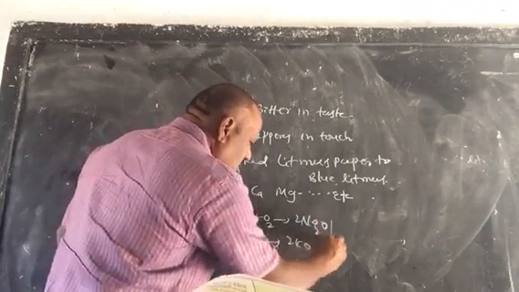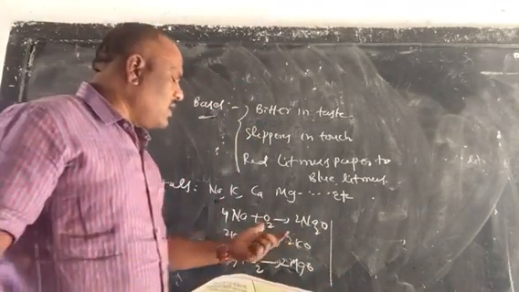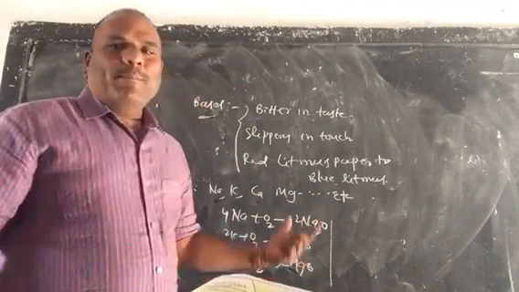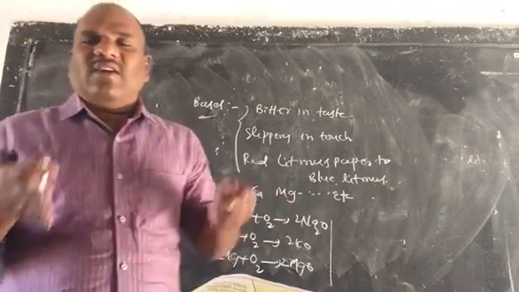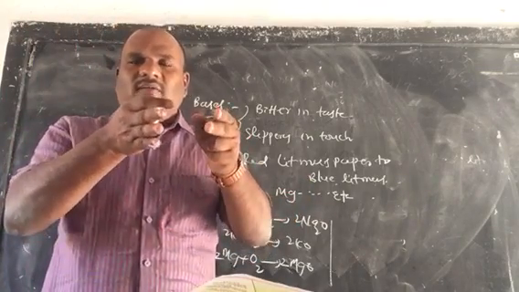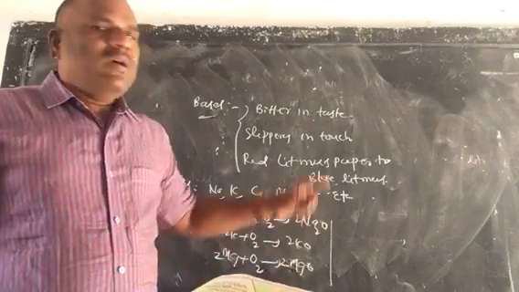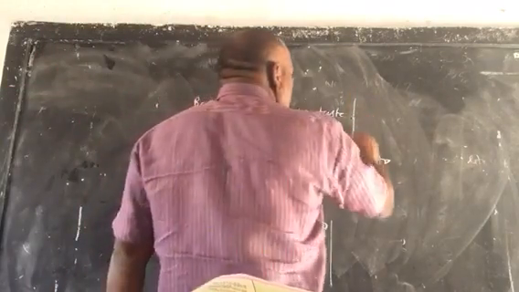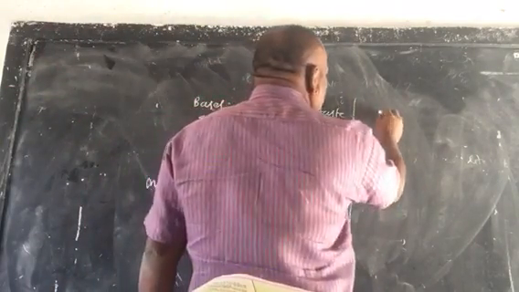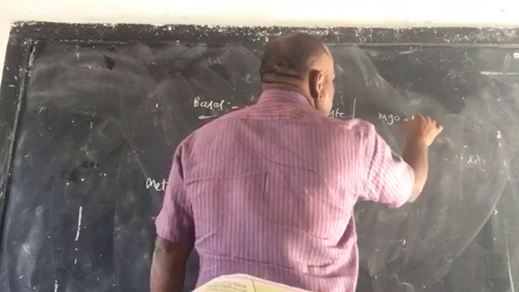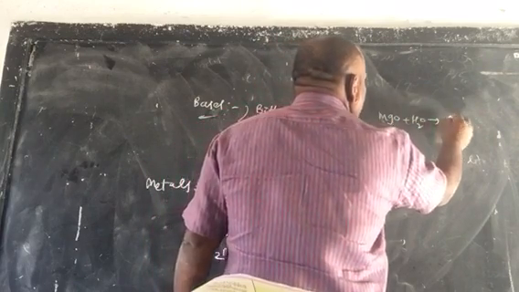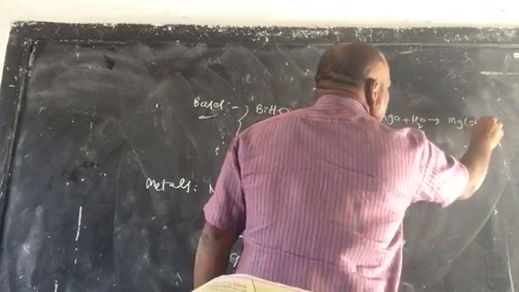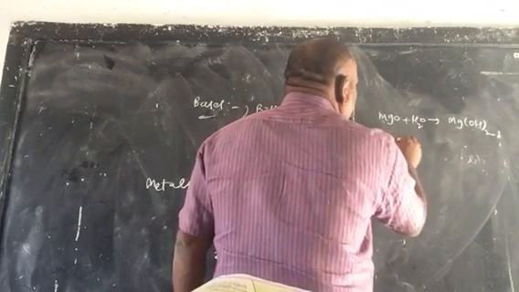When these metallic oxides, sodium oxide, potassium oxide and magnesium oxide, dissolve in water, they form the respective bases. For example, here magnesium oxide plus H2O gives us Mg(OH)2.